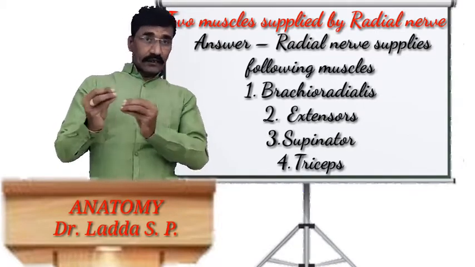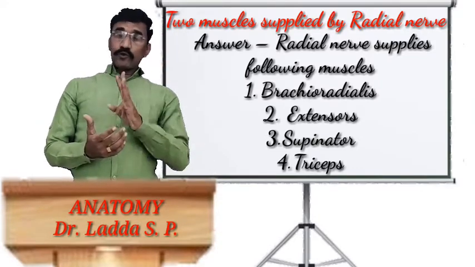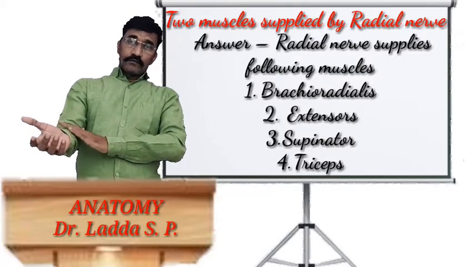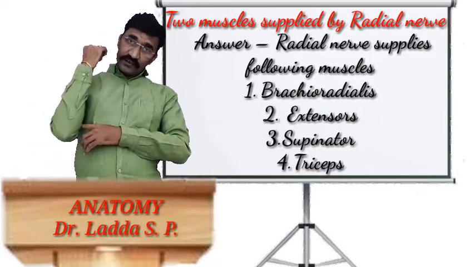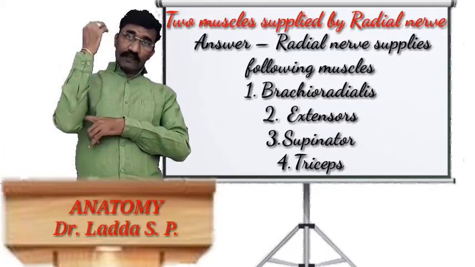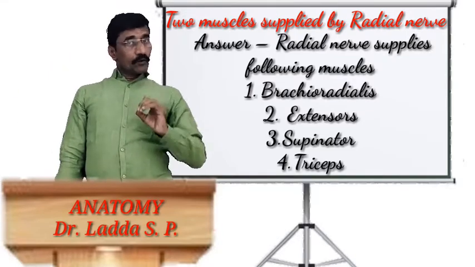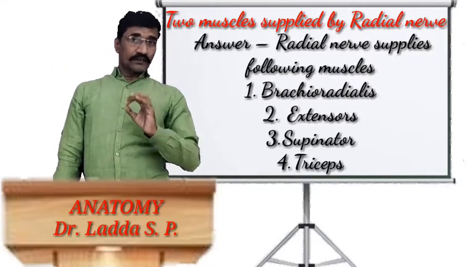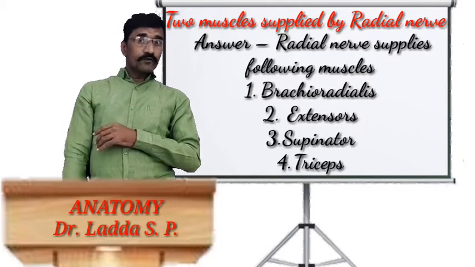Let me talk a little apart from this. Friends, there are 2 groups of muscles for the forearm. One is flexor group and one is extensor group. The flexor group takes origin from the medial side. Do you know FM radio?